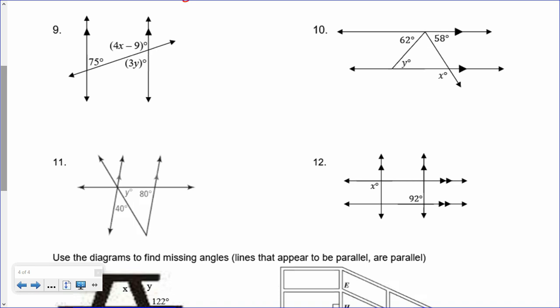I'm being called. Oh yeah, they're doing the emergency testing.